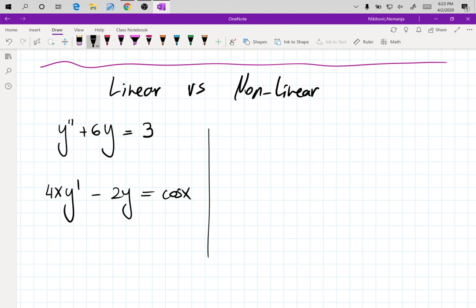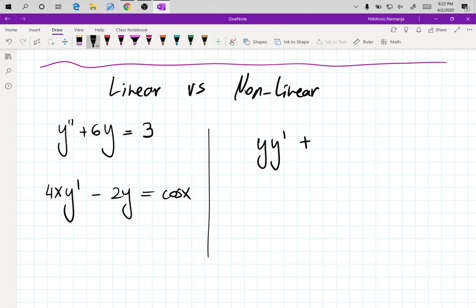I'm writing it on the linear side, obviously, right? So it's linear. All of those equations are linear because per term they only have one function y, or one derivative.